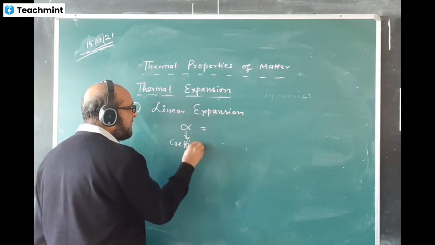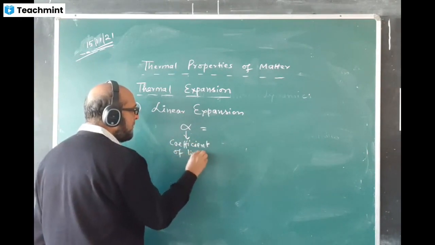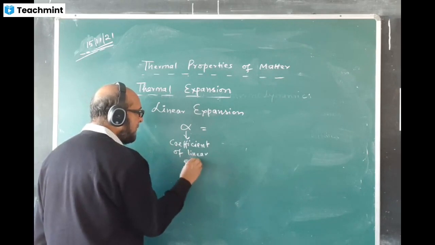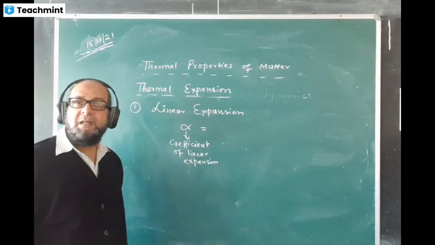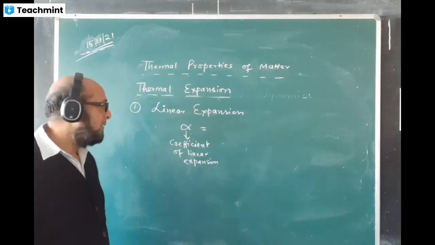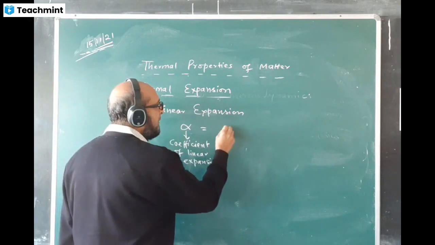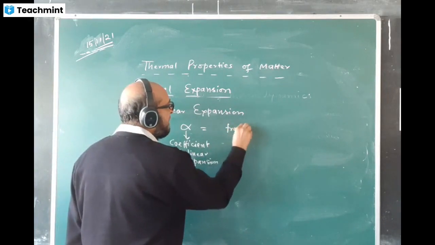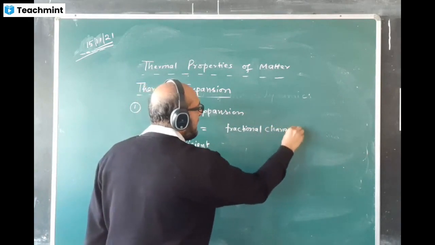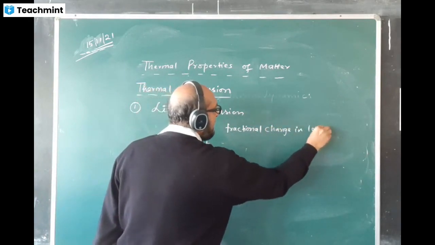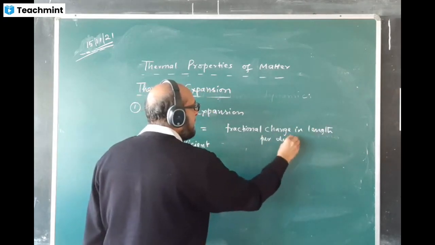I think last time I had discussed it, but once again. Coefficient of linear expansion, or we call it linear expansivity. Alpha is the fractional change in length per degree rise of temperature.